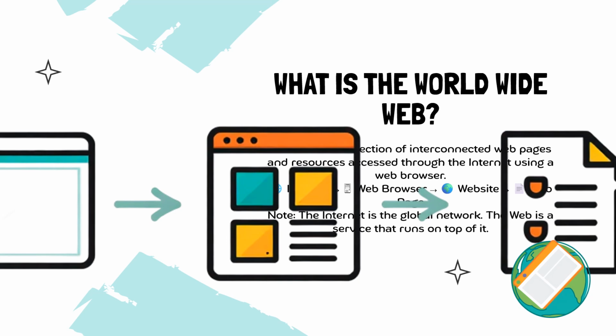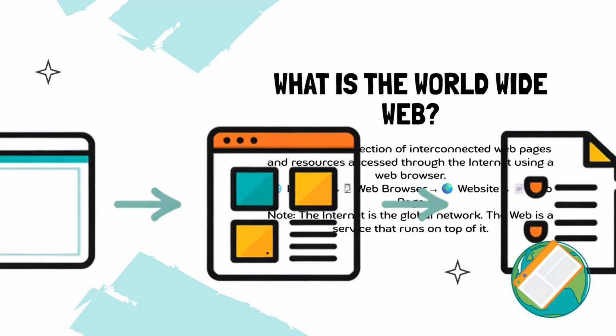Let's look at the sequence on your screen. For example, you connect your device to the internet. You open a browser. Through the browser, you visit a website. And inside that website, you can access different web pages.